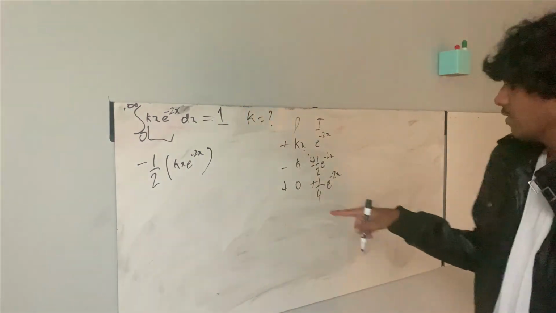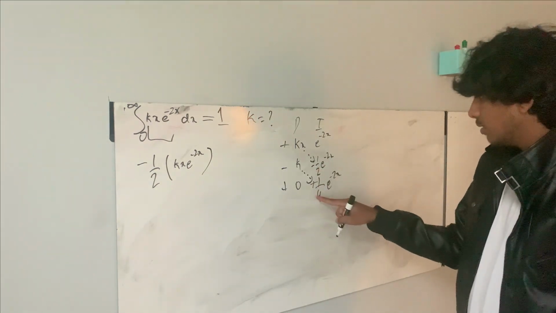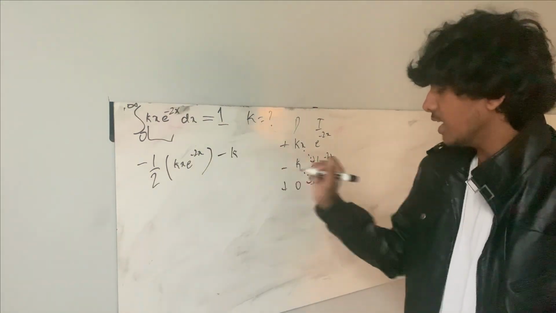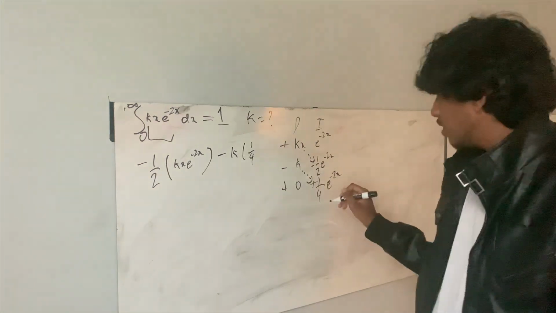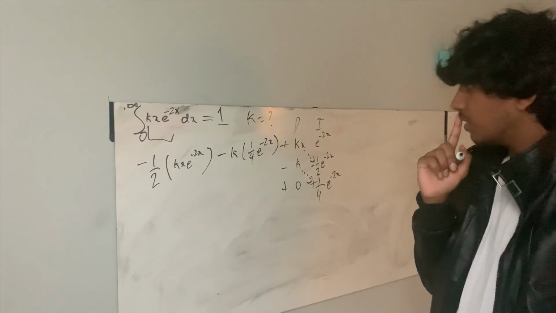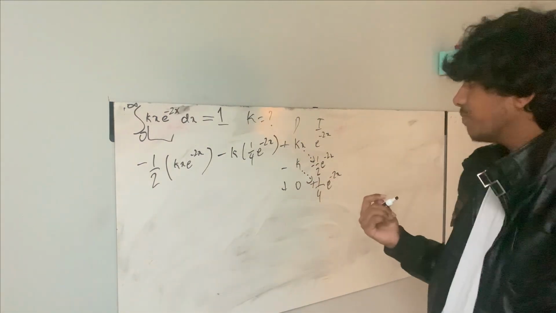And then we're going to have a minus k times this, which is plus 1/4 e to the negative 2x. So minus k times 1/4 e to the negative 2x. Okay, so now we have a function that is our antiderivative.